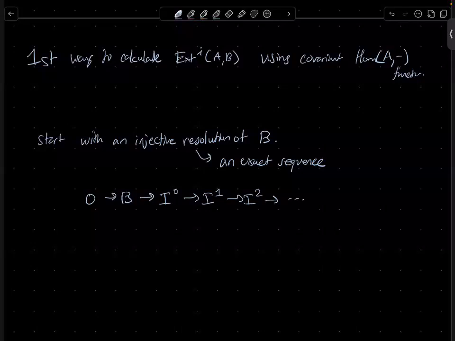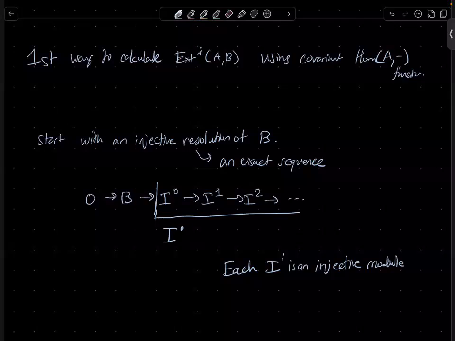So this is a cochain complex, and it's also an exact sequence. In particular, I will denote this part by I upper bullet. And I mention out loud, each I is an injective object, an injective module.